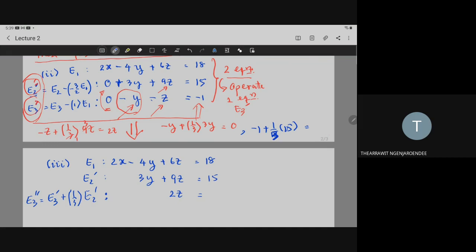So I have minus 1 plus 5, which is 4. So here I write 4.